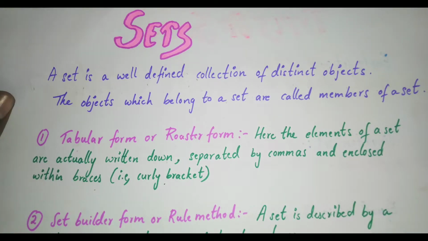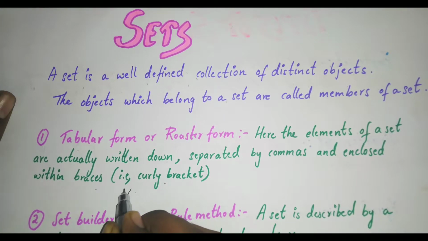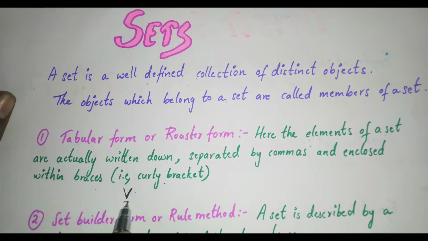So in tabular form, the elements of the set, that means the objects, are actually written down. I'll take one example. Suppose the vowels. I represent this as V, which should be capital. When you represent a set, it should be a capital letter.